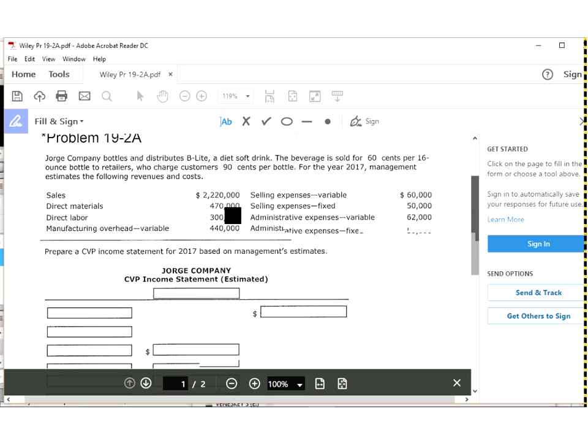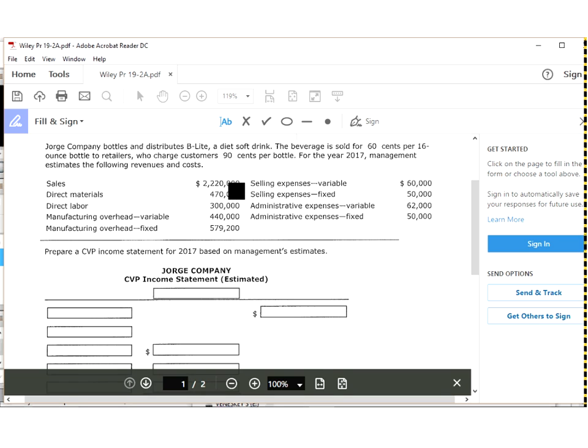So they tell us our sales, and they give us some materials and labor. Remember, these are our factory costs, and then these would be our regular operating expenses, our non-factory costs. And they do have these broken up into variable and fixed, except these aren't broken up, but you should be able to know, now that we've talked about variable and fixed costs, which ones these are.